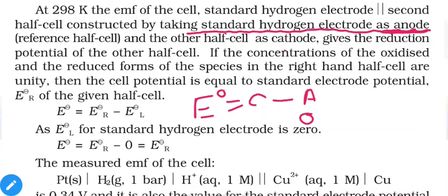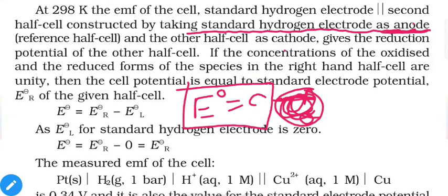So it represents C minus A, or cathode minus anode, is equal to cathode, because the value of anode is 0. By removing the value of A because it is equal to 0, you can see that E cell is equal to the reduction potential of cathode.